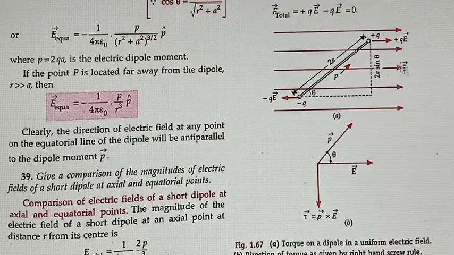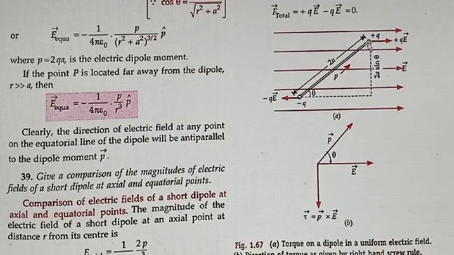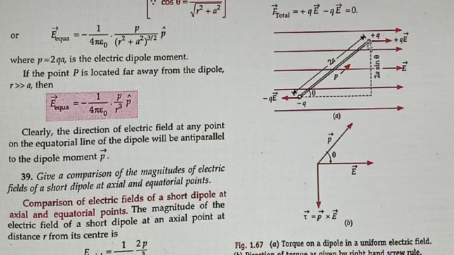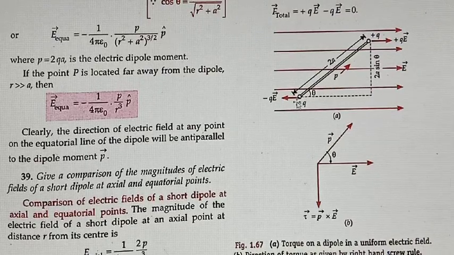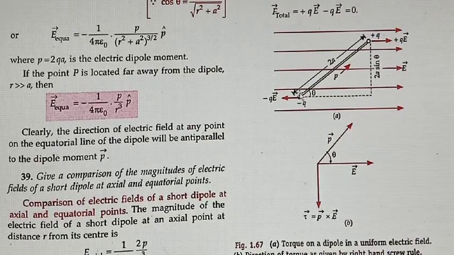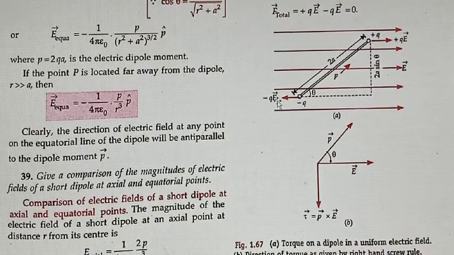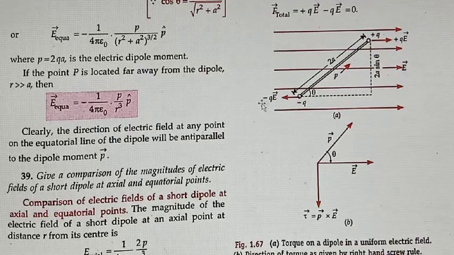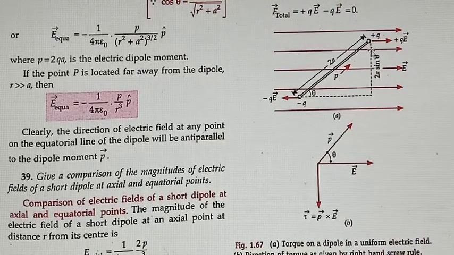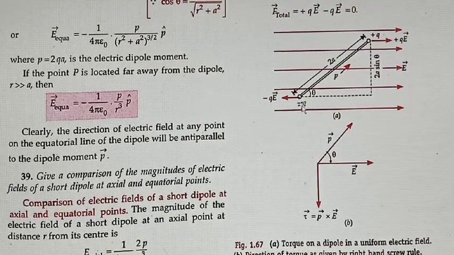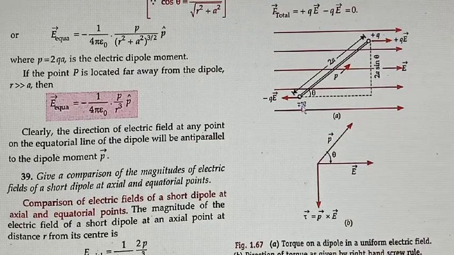Now you can see this positive charge of the dipole experiences a force QE along the direction of electric field, and this negative charge experiences a force QE opposite to the direction of electric field, because already we discussed that a positive charge experiences force along the direction of electric field and a negative charge experiences force along the opposite direction.